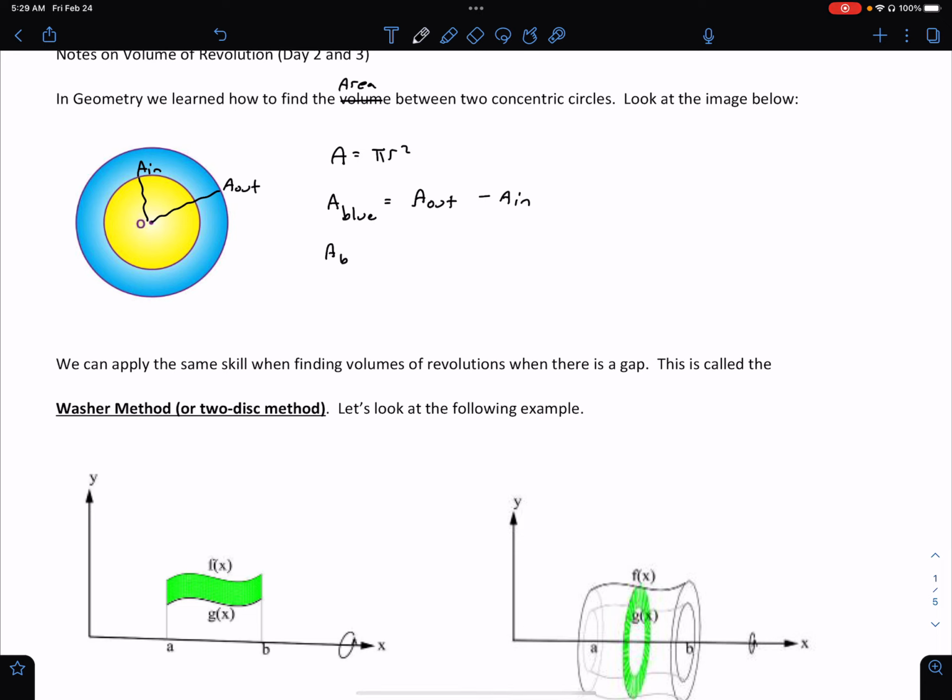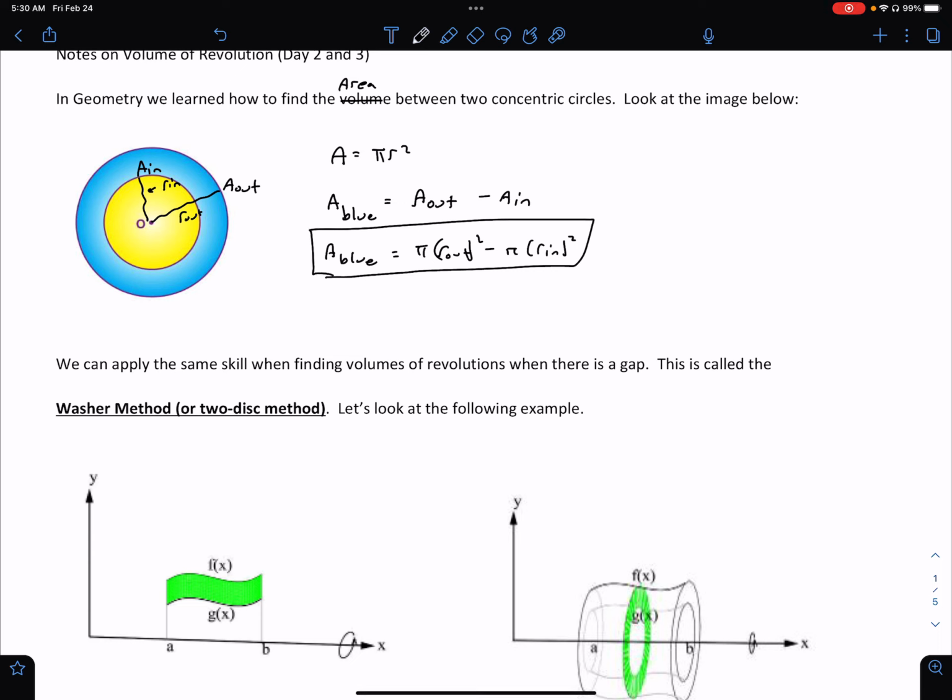To get the area of the blue up here, the outside area would be pi times the radius of the outside function squared, minus pi times the radius of the inside function squared. So there's my radius of my inside, and there's the radius of our outside. And that would give us the area between the two circles, or the blue region right there.